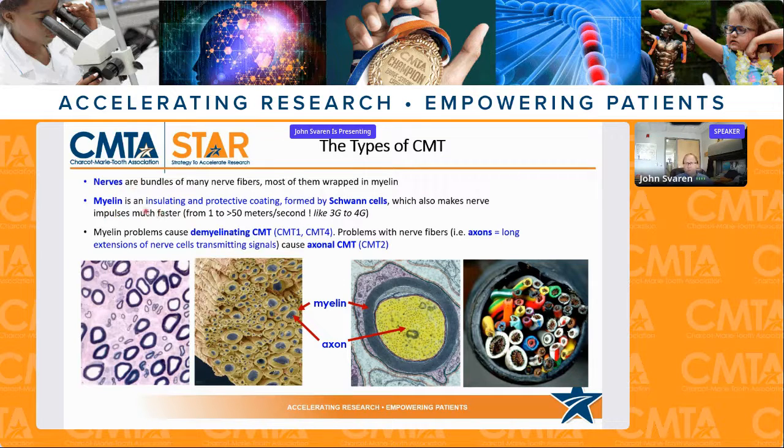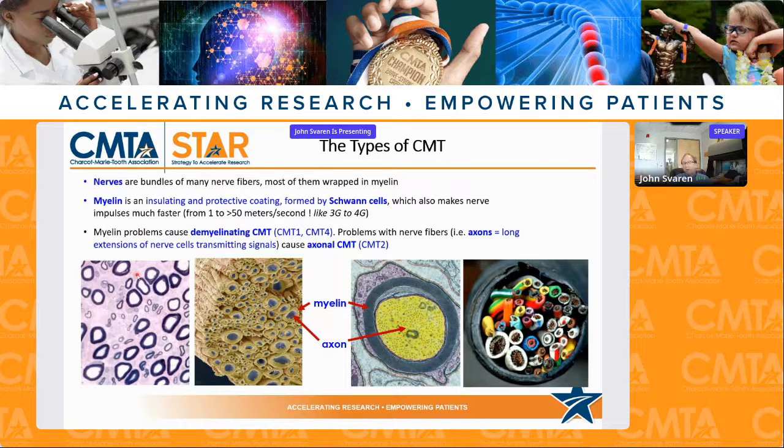You heard from Dr. Shai that one of the ways that CMT is diagnosed is by measuring the speed of nerve conduction. I like to think of myelin as making nerve transmission go from something like 3G to 4G. Some of you might be enjoying 5G right now as well. But myelin is really an important aspect of peripheral nerves, especially the long nerves that transmit to the various muscles in hands and in feet.